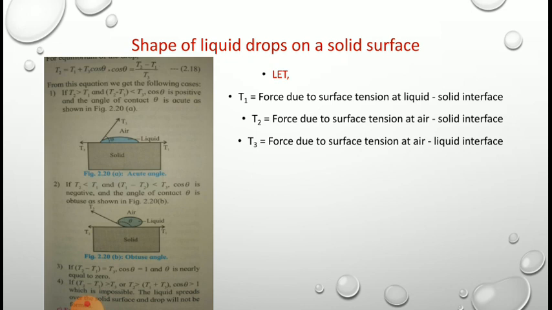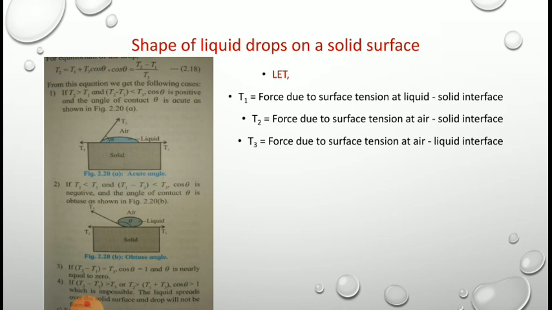From this equation, we get the following cases, which is shown in this photograph taken from the textbook. In the first case, if T2 is greater than T1 and T2 minus T1 is less than T3, then cos theta is positive and the angle of contact theta is acute as shown in figure 2.28.